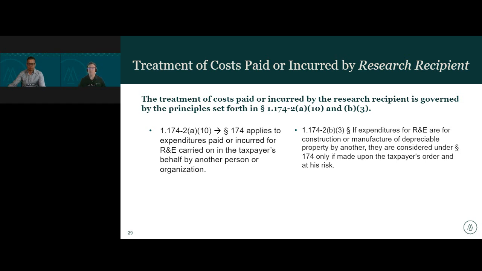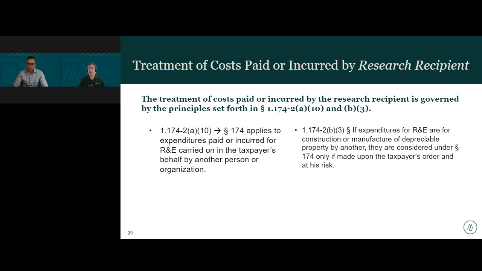However, expenditures are generally not going to be R&E to the extent that they are for the acquisition of land or depreciable property used in connection with that R&E. Under the -2B3 regulations, though, if the expenditures for R&E are incurred in connection with the construction or manufacturing of depreciable property by another entity, they are considered under 174 if made upon the taxpayer's order and risk.